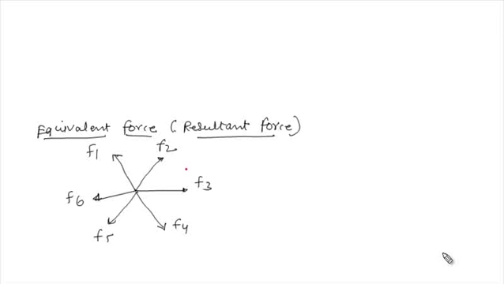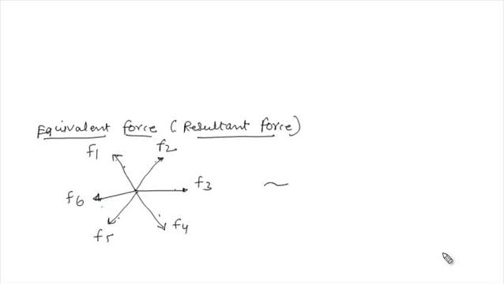As per the definition, the equivalent force is nothing but a single force which can replace all the forces F1, F2, F3, F4, F5, F6 and which will produce the same effect as produced by F1 to F6.